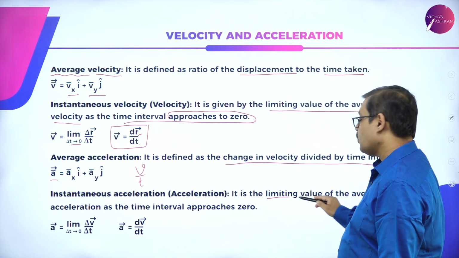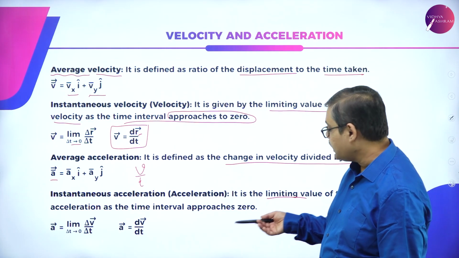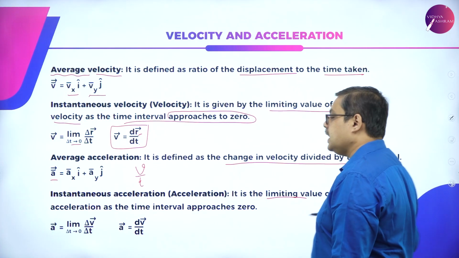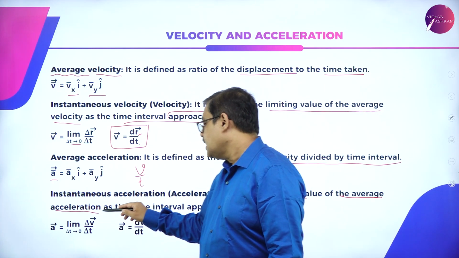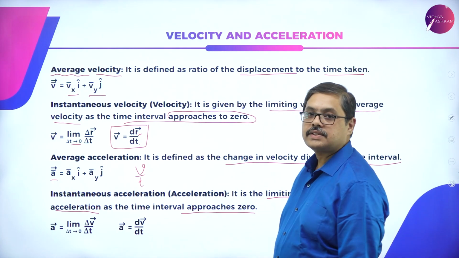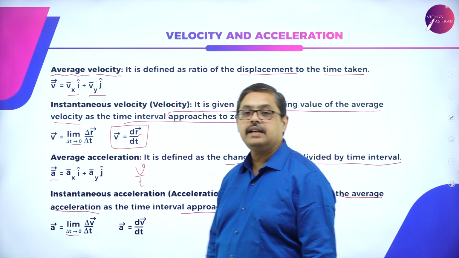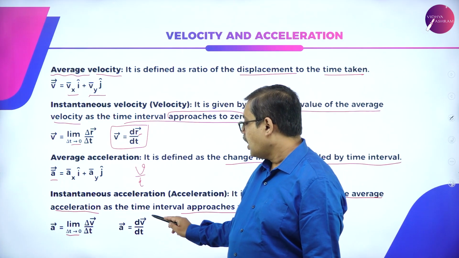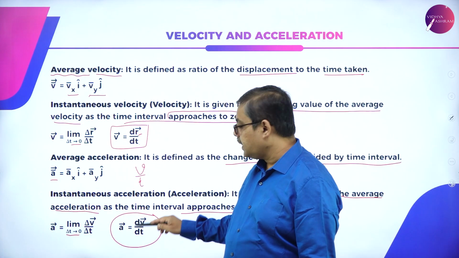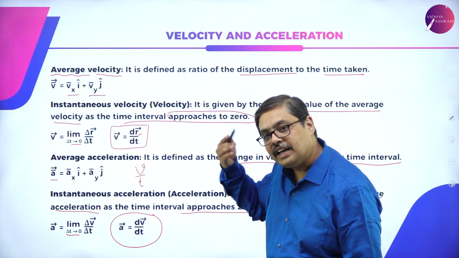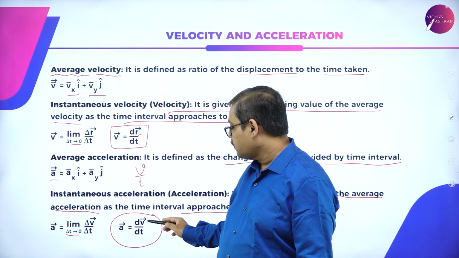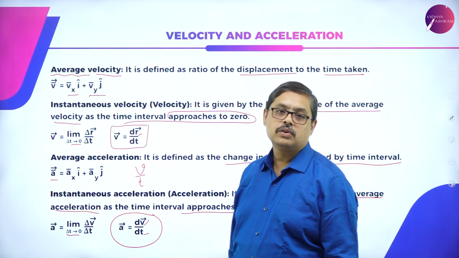It is the limiting value. Mathematically, I can represent it as the limiting value of the average acceleration as the time interval approaches 0. So limit of delta v by delta t as delta t tends to 0, or a equals dv by dt. Please go back to the definition of acceleration, the rate of change of velocity with respect to time.